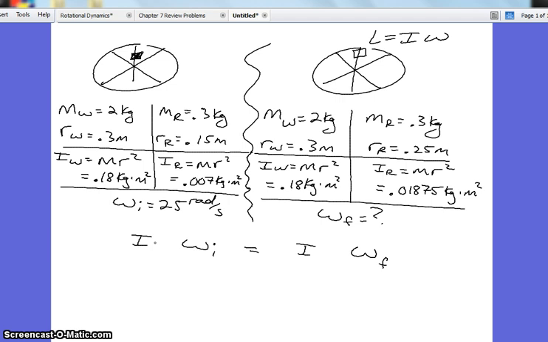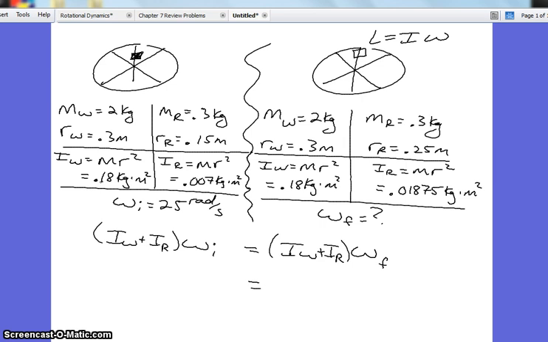Now I'm going to write it out as the wheel plus the reflector, and I'll do the same thing here, wheel plus the reflector.